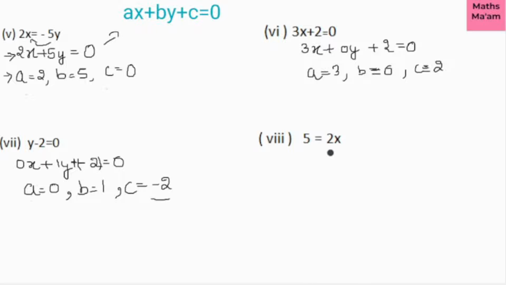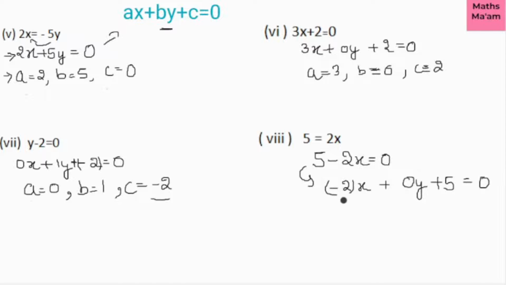Here 5 is equal to 2x, or we can say 5 minus 2x is equal to 0. Or we can write this in the standard form, minus 2x, and there is no y term, so in place of y term we'll write 0y because the coefficient of y is not present here, and the constant term is plus 5 is equal to 0.